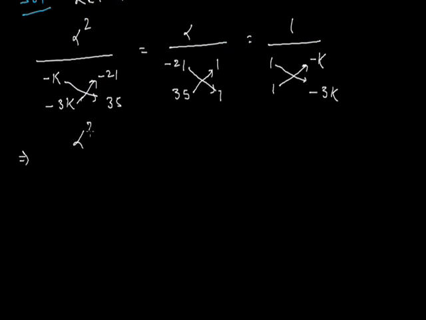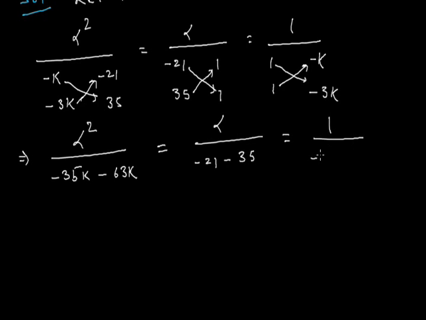We find that minus 35k minus 63k, and alpha upon minus 21 minus 35. Similarly 1 upon minus 3k plus k, and here we get alpha square upon minus 98k and alpha upon minus 56 upon minus 2.